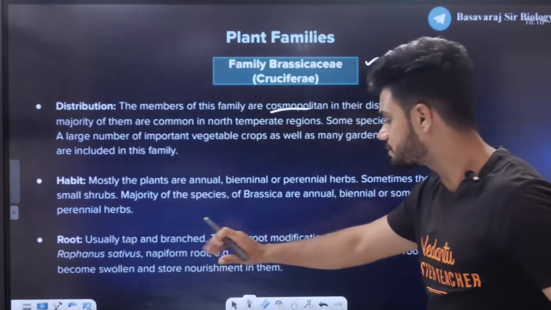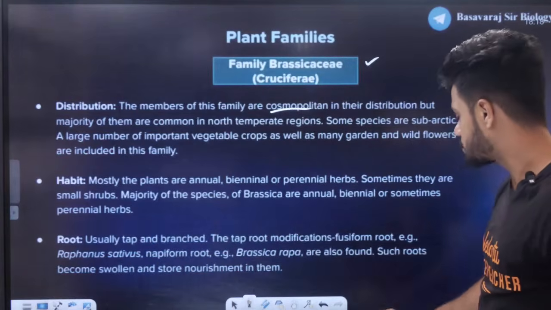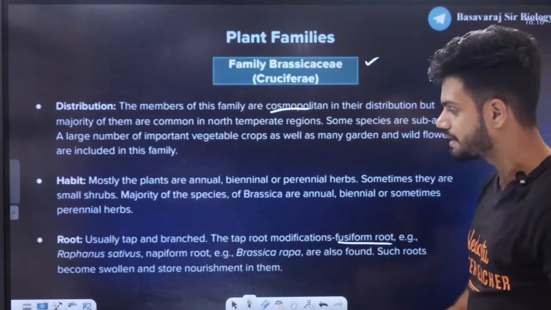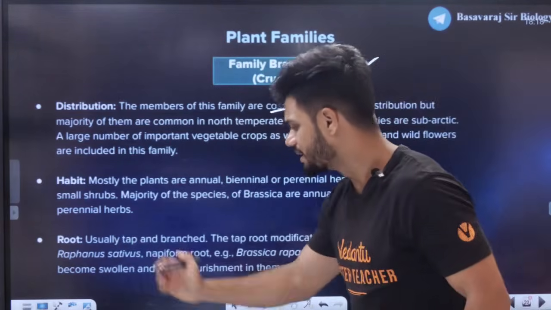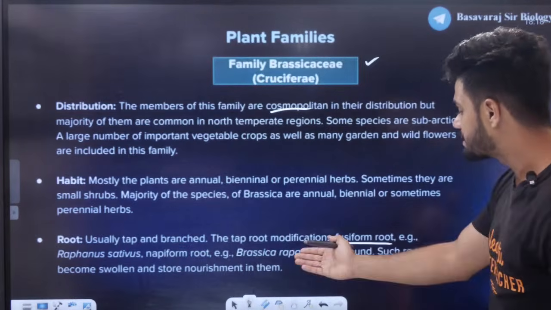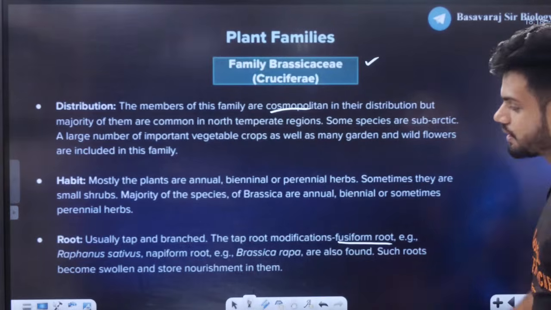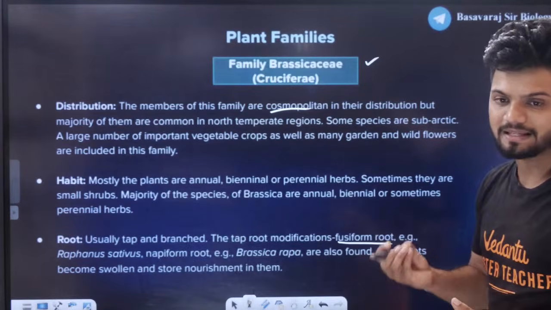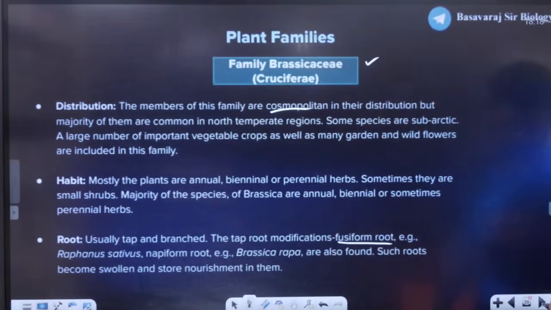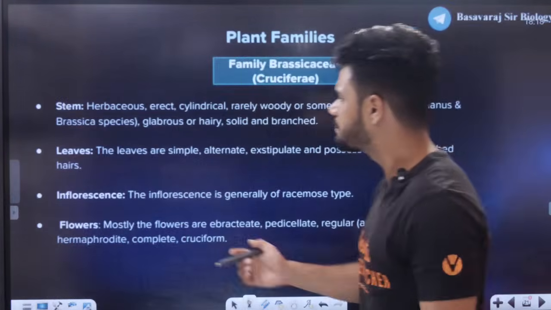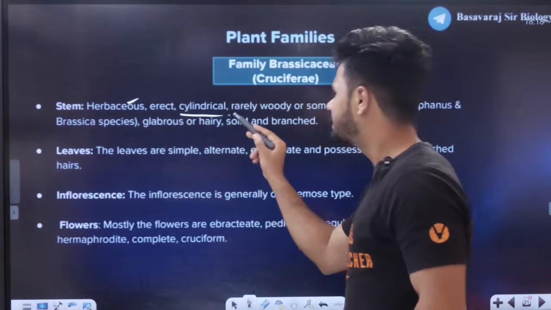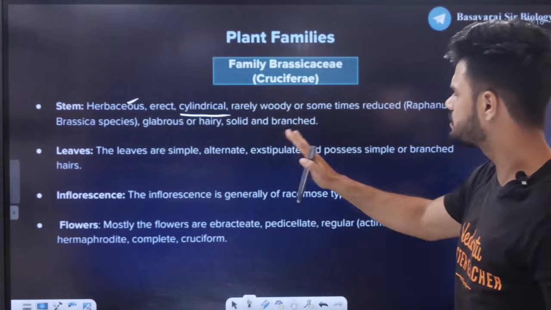Usually taproot is branched, but this is the taproot modification, the fusiform root. Example is Raphanus sativus, even Brassica rapa. All of them are taproot modifications, which we eat nicely later on in the salad. Now here the stem is herbaceous, erect or cylindrical. All this is normal.